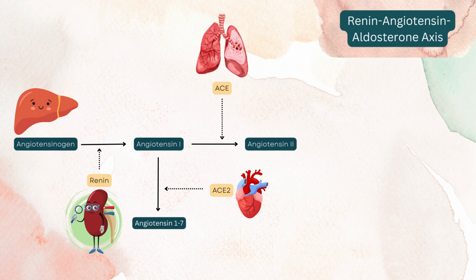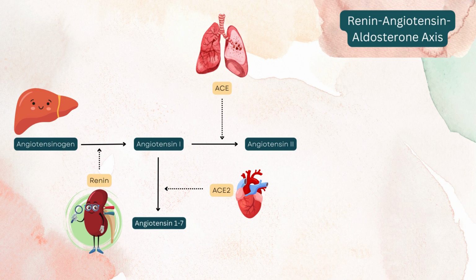Angiotensin-2 exerts its biological actions by binding to a family of surface transmembrane receptors widely distributed in the human body, known as type 1 and type 2 angiotensin-2 receptors, AT1 and AT2 receptors.